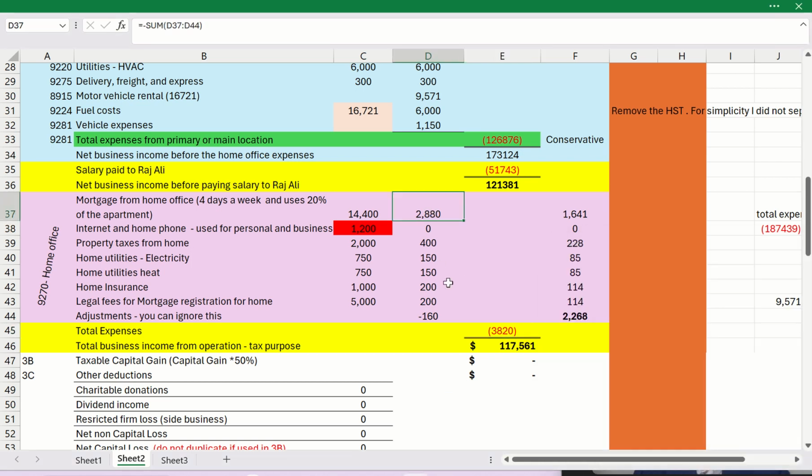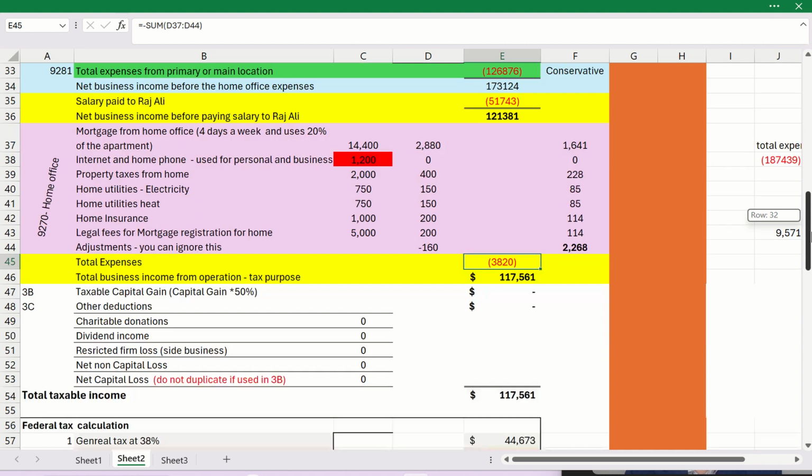If we add this up, it gives us this amount over here, $3,820. If I were to be conservative, I would have taken this number over here, but I chose this for now for simplicity, so you could see it on the profile tax preparation software.